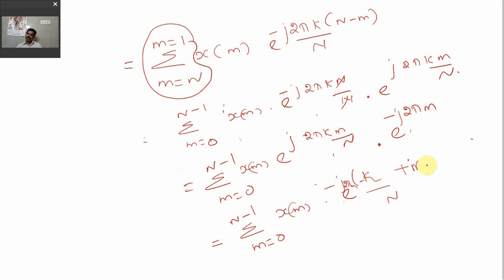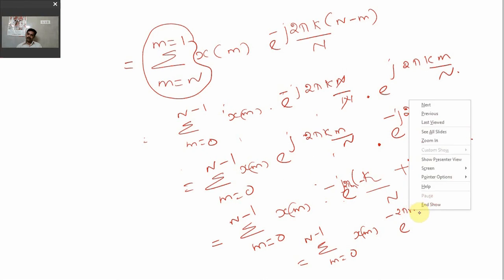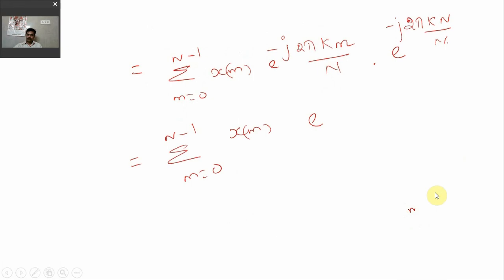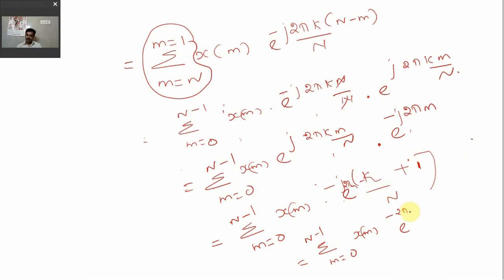So this can be written as summation of m equal to 0 to N minus 1, x of m into e to the power minus j 2 pi m into 1 minus k by N.